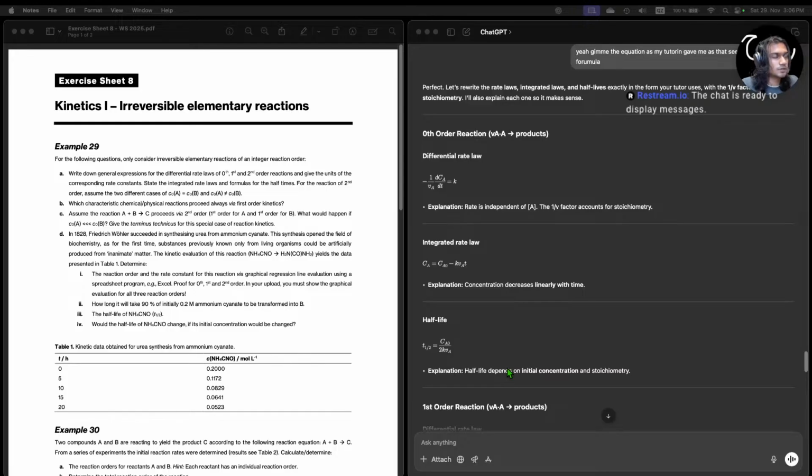Concentration decreases linearly with time.